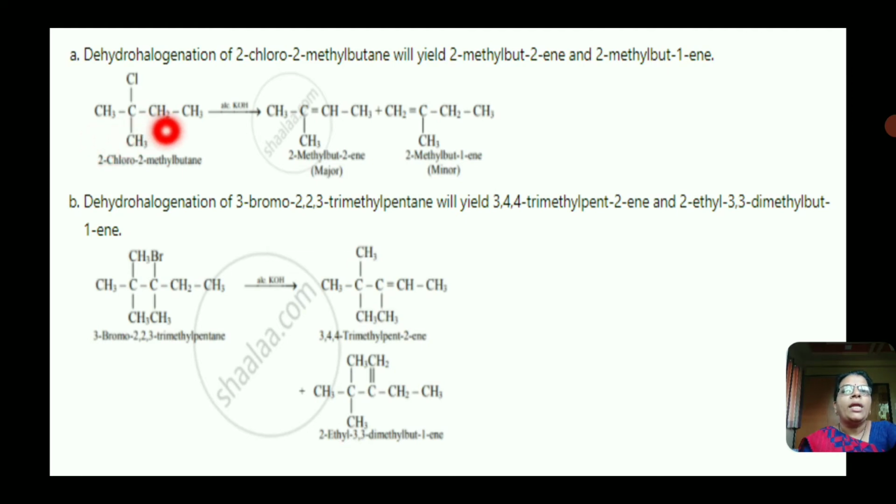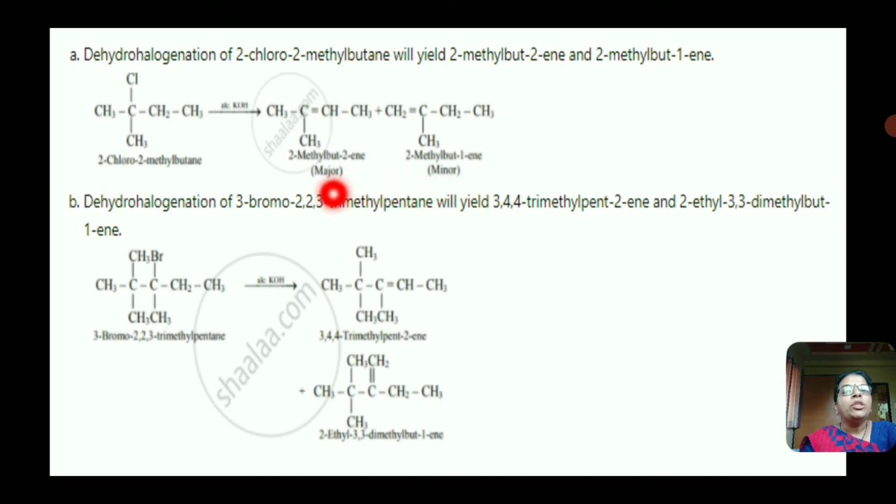There are two beta carbon atoms, and therefore when 2-chloro-2-methylbutane undergoes dehydrohalogenation in presence of alcoholic KOH, it gives 2-methylbut-2-ene as a major product and 2-methylbut-1-ene as a minor product.